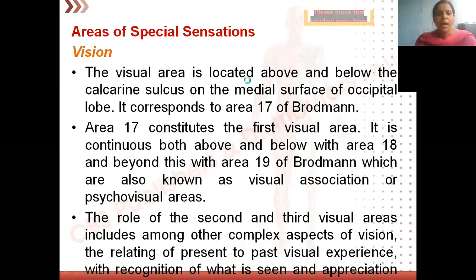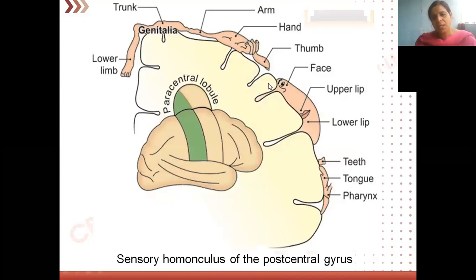number 4. And see, our body's representation is upside down. What do you mean by upside down? Feet are seen on the medial aspect and head is seen on the lower aspect of the cerebrum in both sensory area and motor area. This way of representation of the body on the brain is actually called the sensory homunculus.